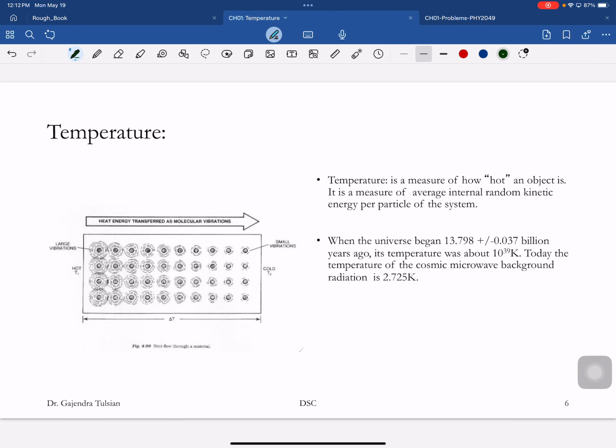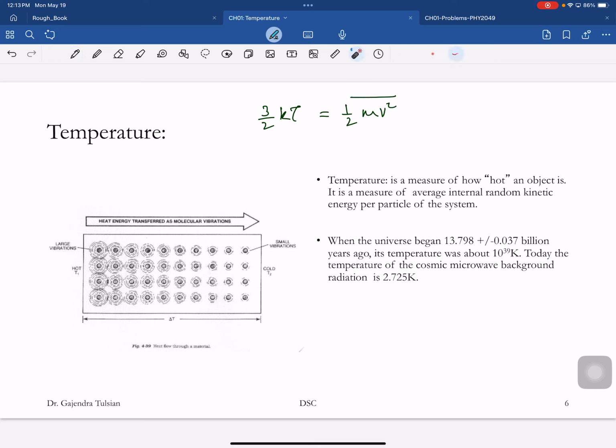So now you already know temperature is a measure of how hot an object is. And you will learn later in the next chapter that it's a measure of the average internal random kinetic energy per particle. So we'll give you the expression right now. For an ideal gas, 3/2 kT equals 1/2 mv squared.